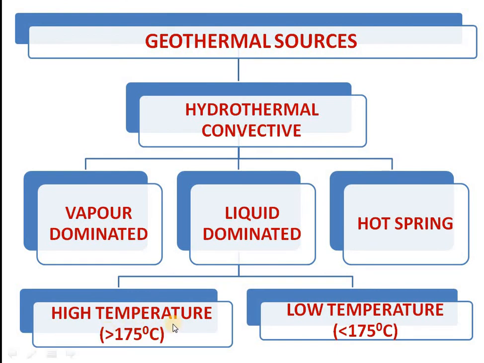Okay, high temperature hot water, when it is suddenly exposed open to atmosphere, when suddenly the pressure is lowered, forms steam, and such steam can be used to drive your turbine. Whereas in a low temperature system, you make use of the hot water to boil, to evaporate some other liquid, pentane, butane, like that, and that evaporated vapor is used to drive your turbine.